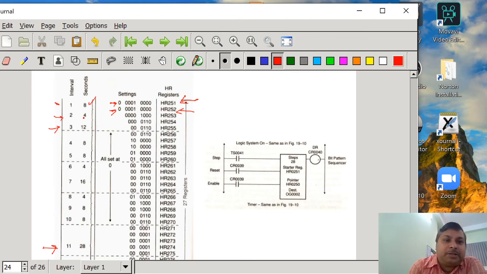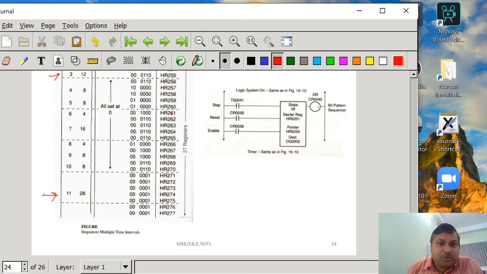The second step is only 4 seconds, so we have taken only one register. But for 12 seconds we have to take 3 registers, 254, 255, 256, with the same pattern written. In this way, the number of registers and the length will increase.